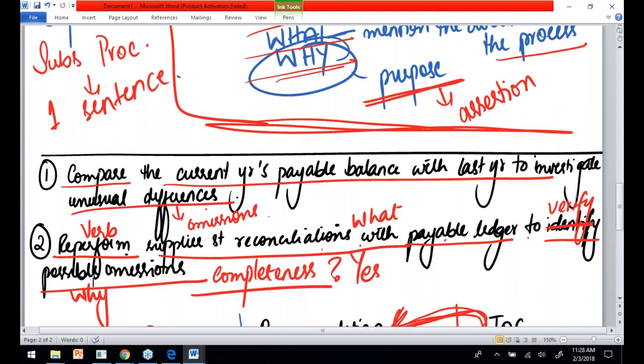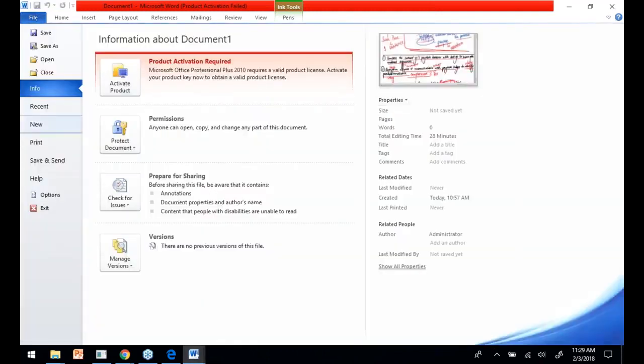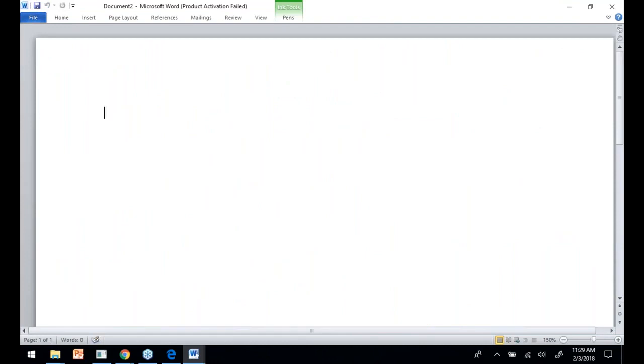You do not have to write like that in the exam. You must always, for your substantive procedures, ensure two things. Number one, it should be relevant to the assertion.